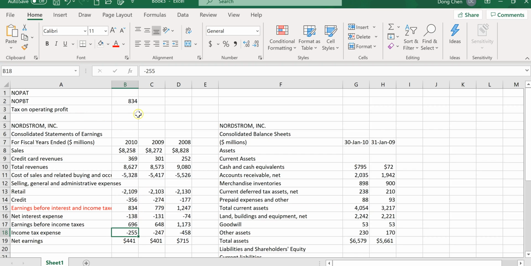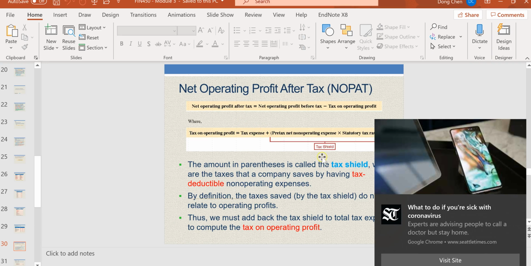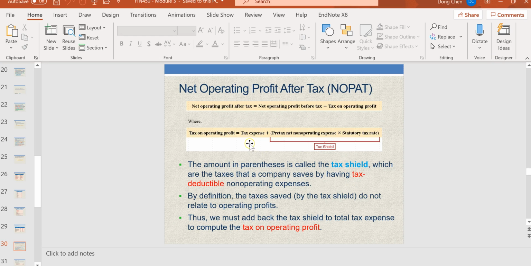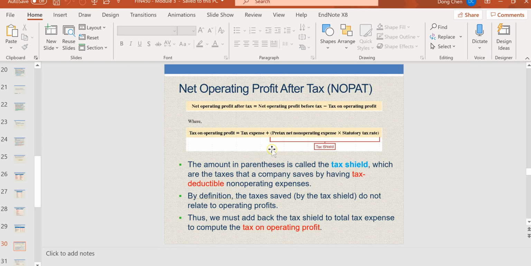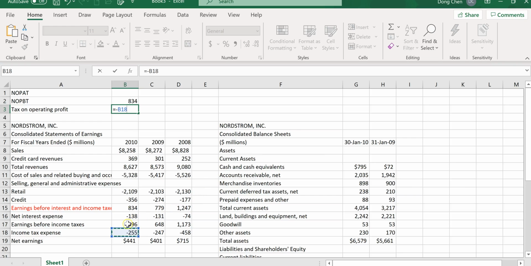So tax on operating profit equals tax expense. Again, we need to put a negative sign before this tax expense because the tax expense here is a negative number. And then plus the pre-tax net non-operating expense, which is the item after the EBIT, the net interest expense here.